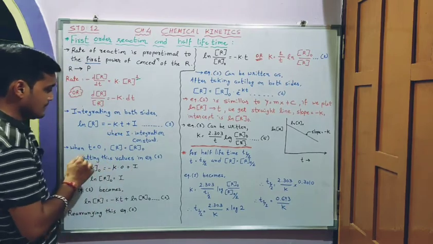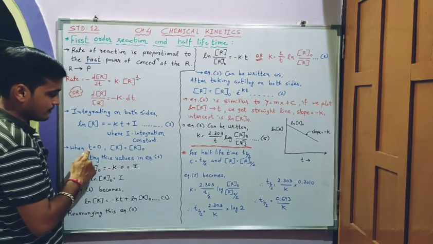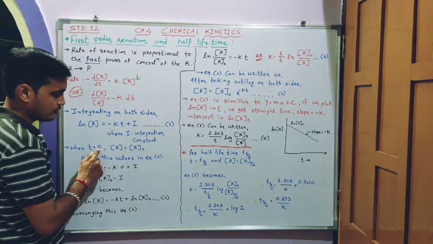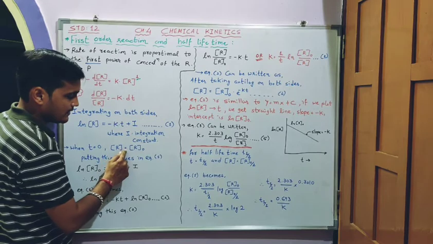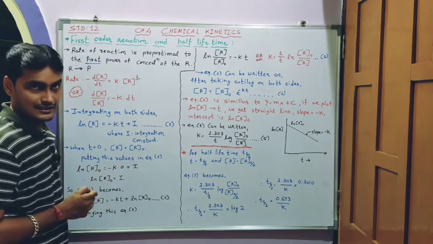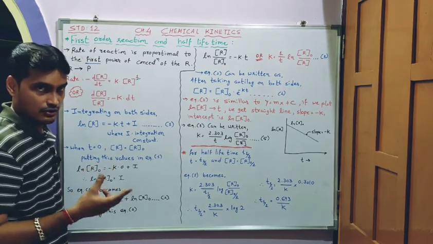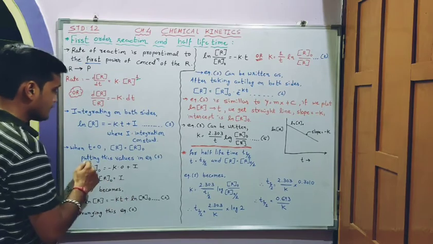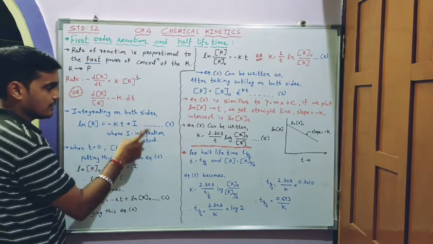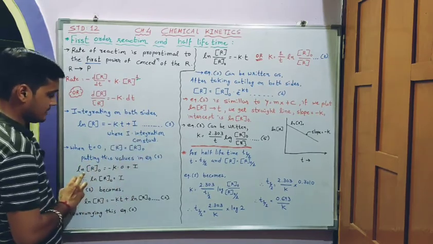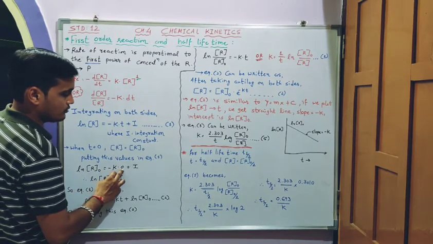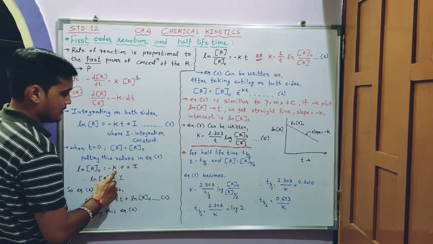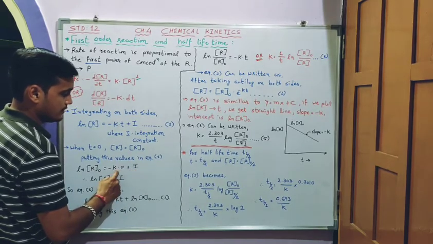Now at the starting of this reaction, time is equal to 0. So our concentration of reactant is taken as R0, meaning initial concentration. Putting these values in equation number 1, we get ln R0 is equal to minus k into 0 plus I. This is going to be 0.